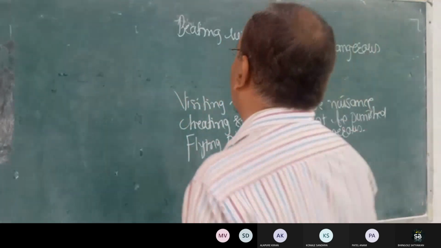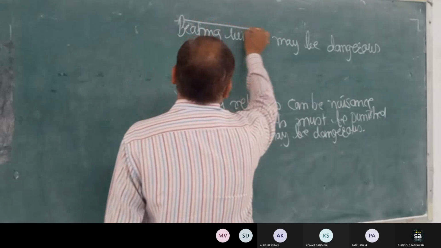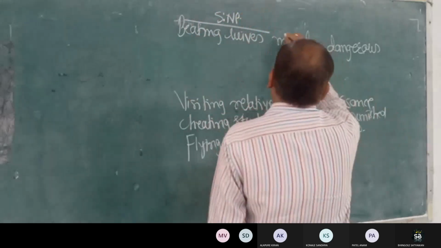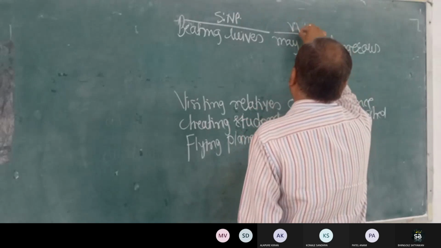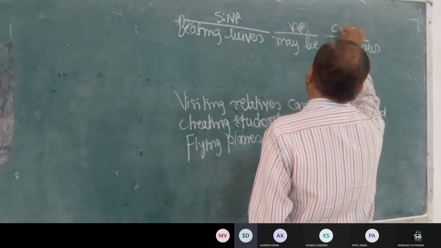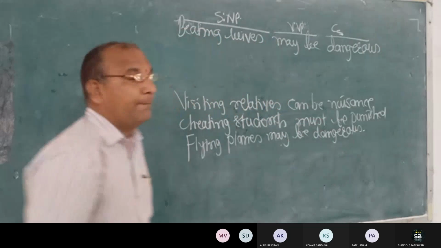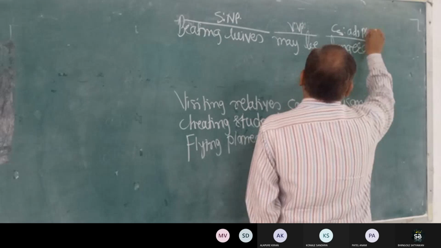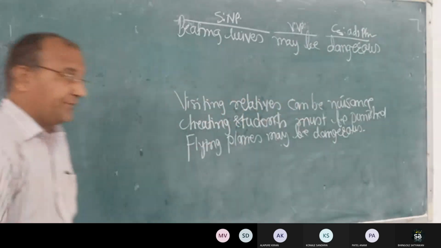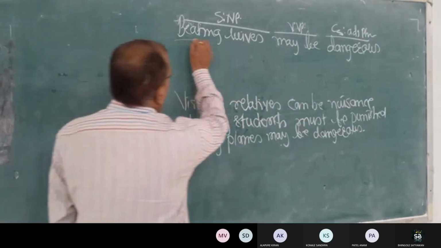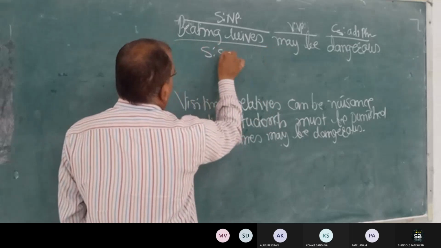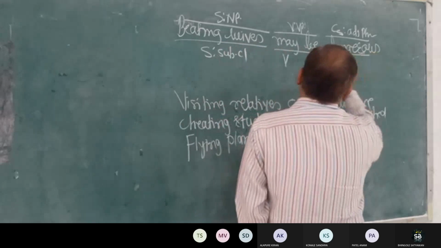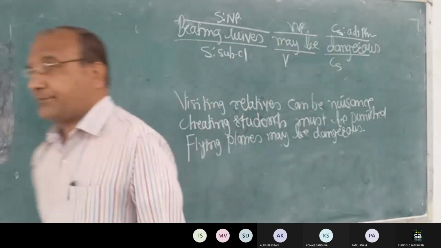Structure one will be S, V, C, with S as an NP, V as a verb phrase, and an adjective phrase as complement. The other way is also possible: using beating wives as subject, a subordinate clause, may be as verb, dangerous as complement to subject.